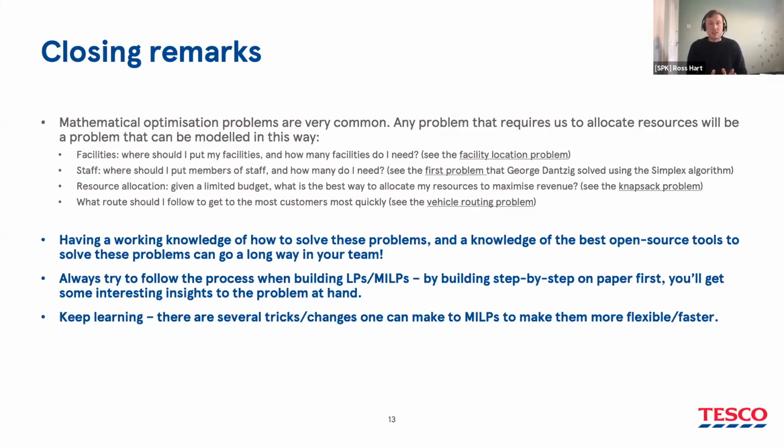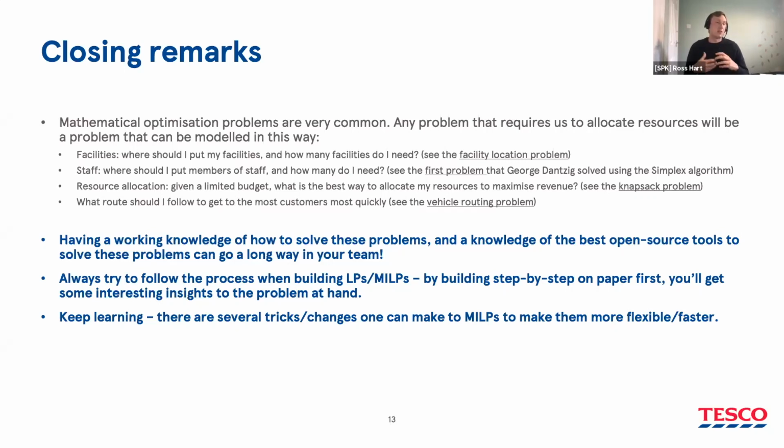And then finally, the last thing I want to say is just keep learning about these problems if they interest you. There are lots of small tricks and changes you can make in your linear programs and your mixed integer linear programs to make them much more flexible, often much faster as well, just by changing something in the formulation. So if you think you've got a problem that potentially can't be solved with linear programming or is going to be very slow, there are often things you can change to make them much faster and much more flexible.